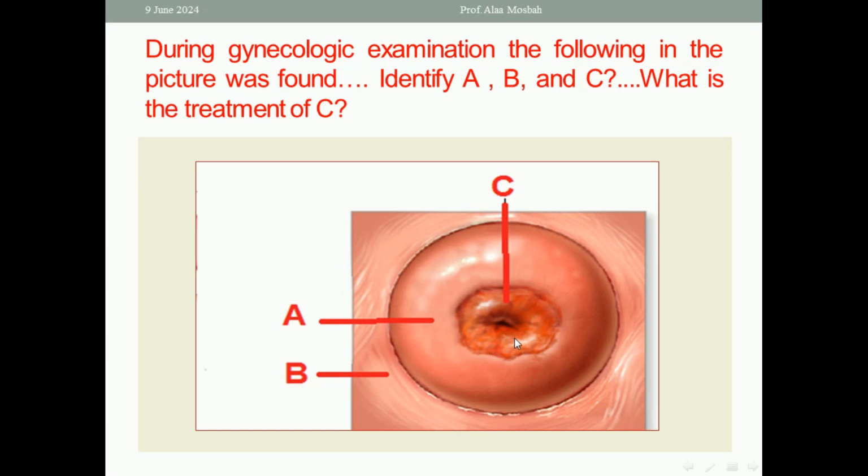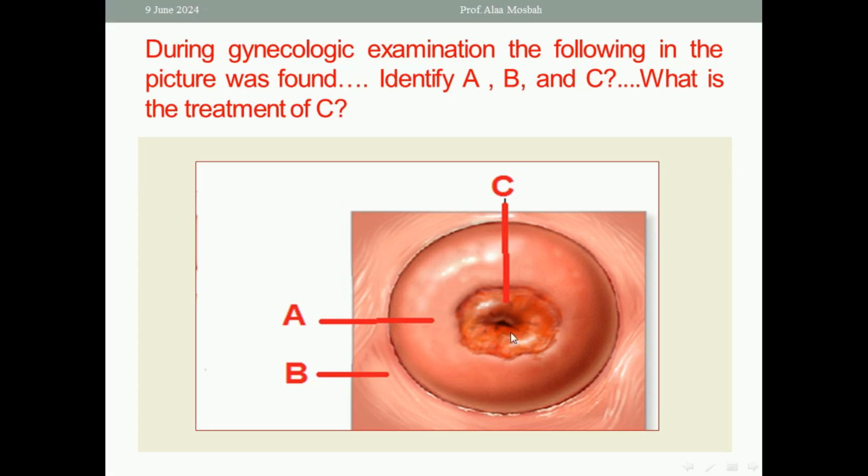Also, we can use polydeoxyribonucleotide like Albucil vaginal suppository as a treatment of cervical ectropion. So I can use chemical medical treatment, silver nitrate, polydeoxyribonucleotide vaginal suppository like Albucil. You can use electrocauterization with diathermy. You can use cryotherapy. You can use laser therapy using carbon dioxide.